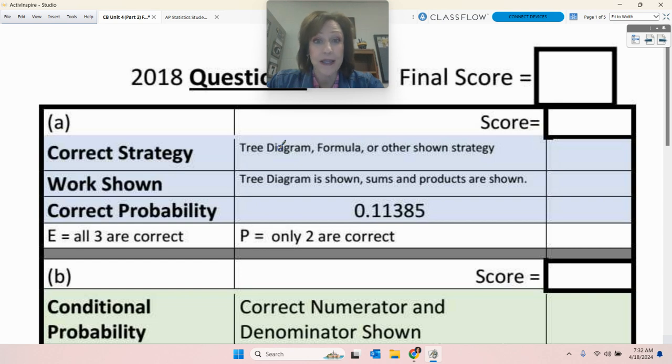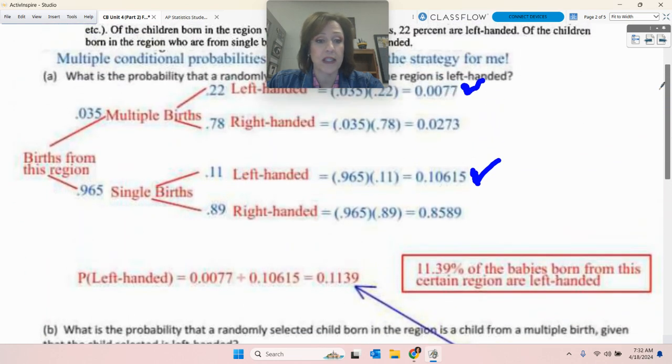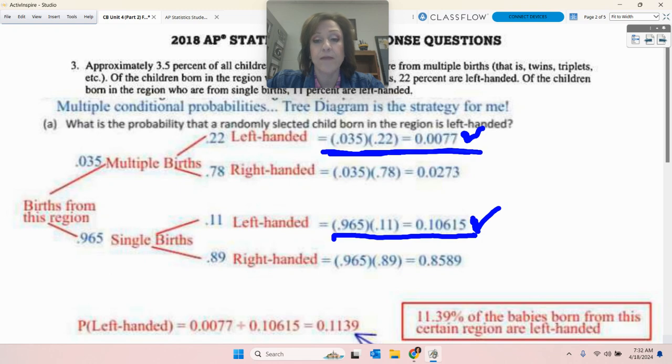It didn't have to be a tree diagram. You could have just written this here plus this here, knowing I want multiple births and left-handed, and single births and left-handed.